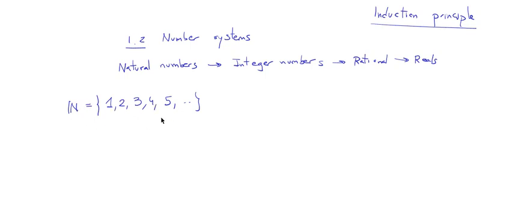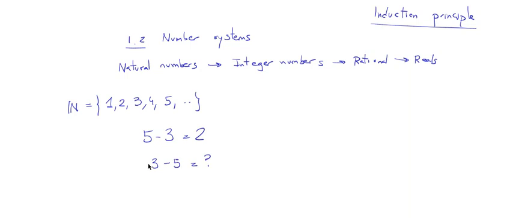And so you know all the properties of the natural numbers. You can multiply them, you can sum them, and the problem is that there's no solution for subtraction always. Okay, you can subtract 5 minus 3 and the solution is 2, but 3 minus 5 is nothing.